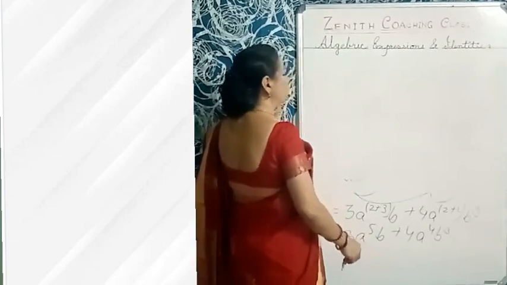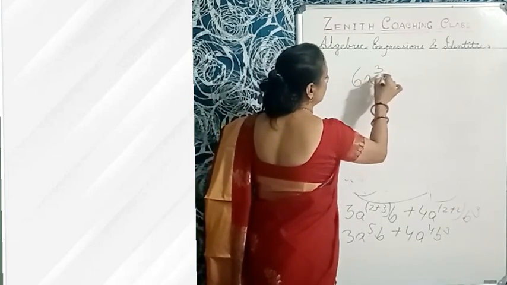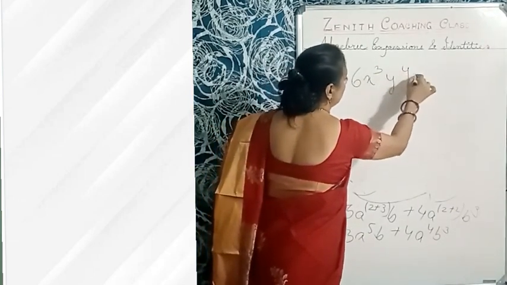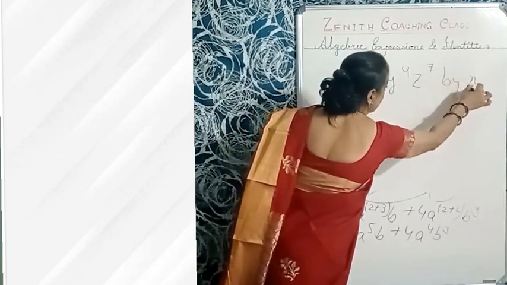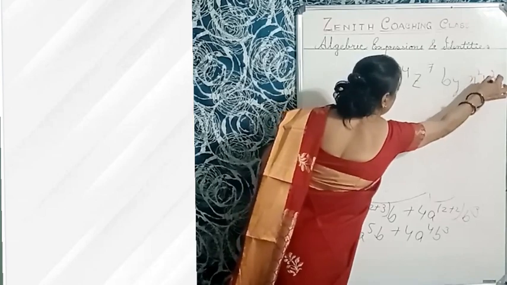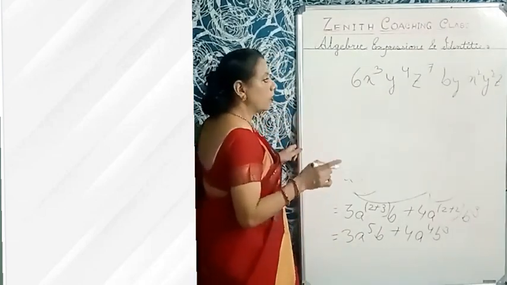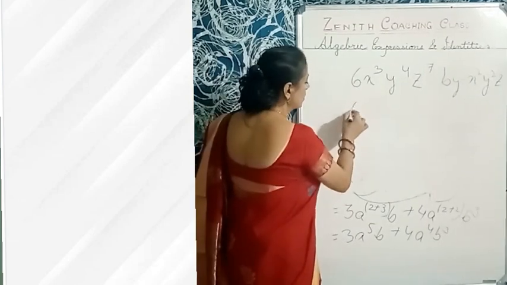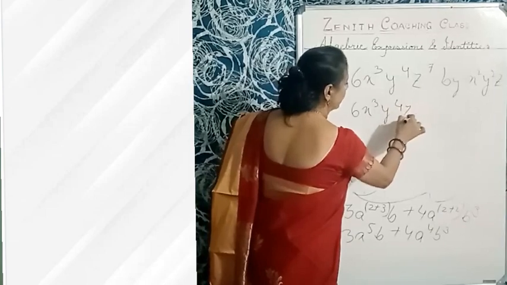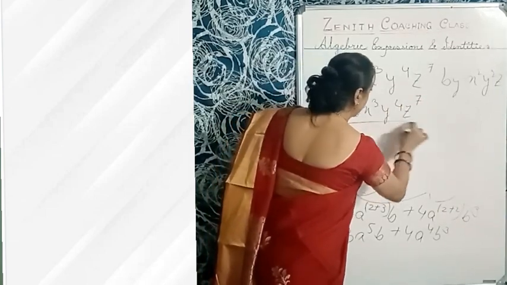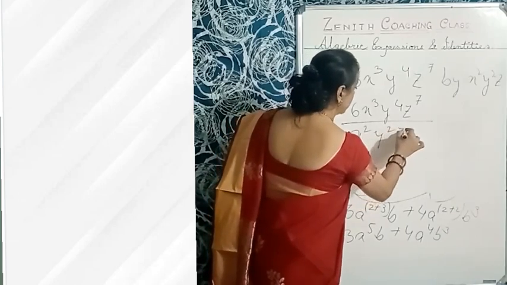I told you to divide 6x cube y to the power 4 z to the power 7 by x square y square z. You have to divide. So what to do?